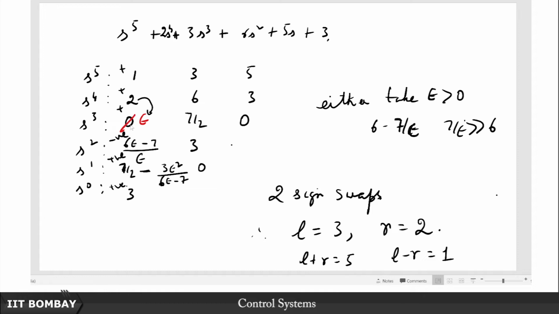So there would again be a sign swap here. In any case you would have had two sign swaps, one from positive to negative here, and then one from negative to positive.